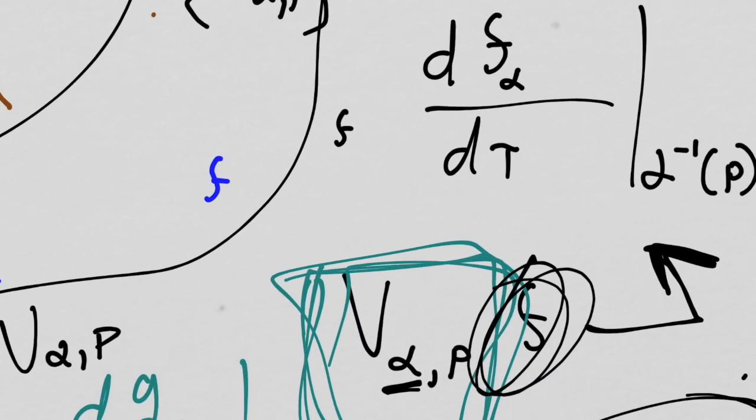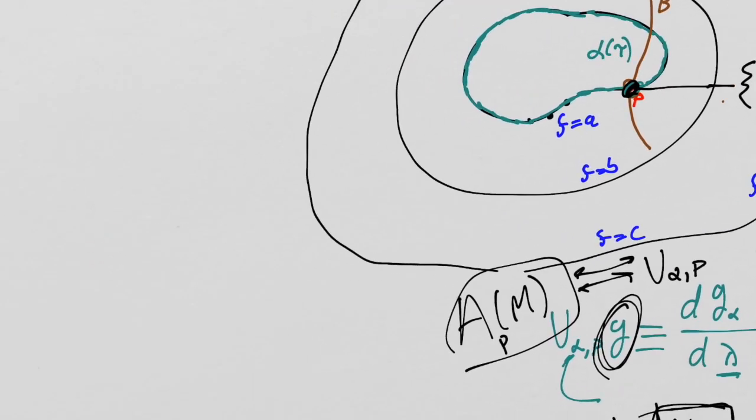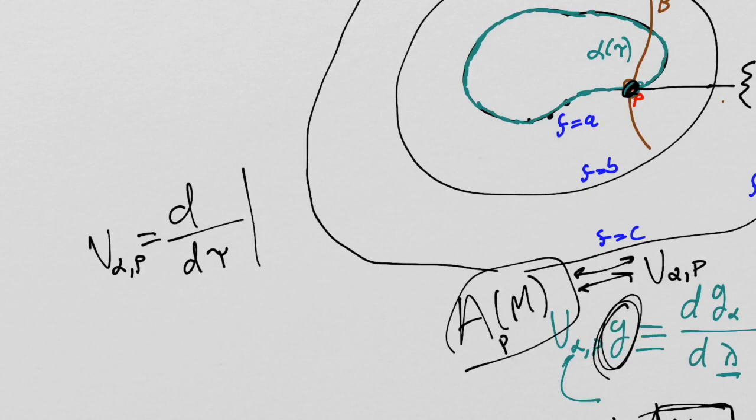The literal definition of V is something like, V alpha of P is defined as D with respect to tau evaluated at alpha inverse of P. I guess you would need an empty slot after alpha right there, where some element of C infinity goes.